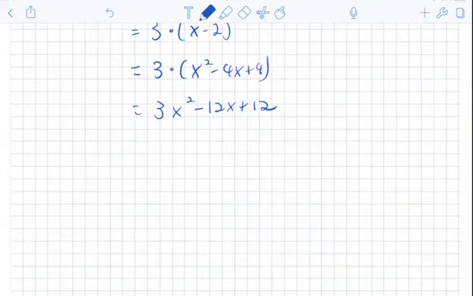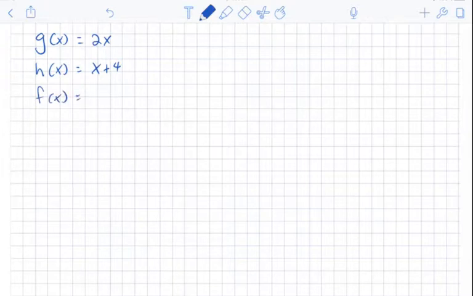Let's try one more set of examples. g of x is equal to 2x, h of x is equal to x plus 4, and f of x is equal to x squared. All right.